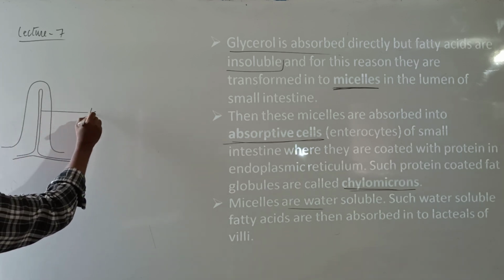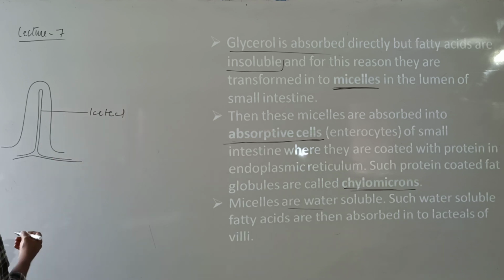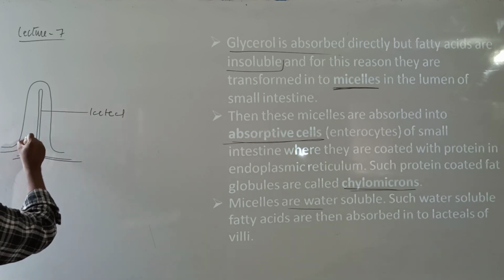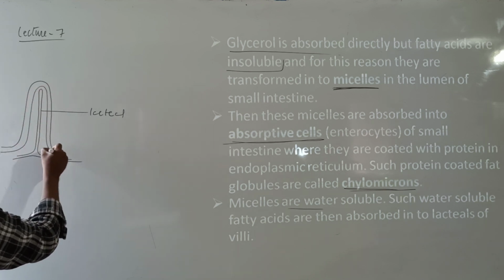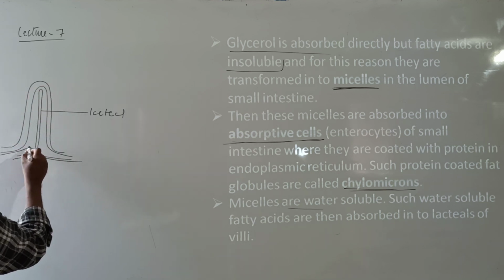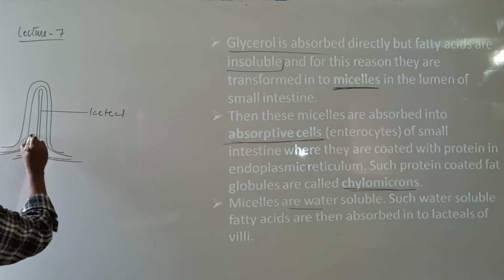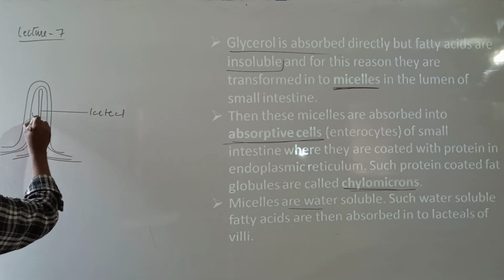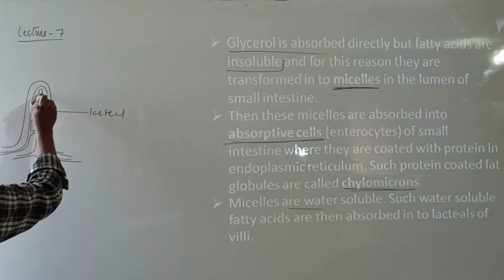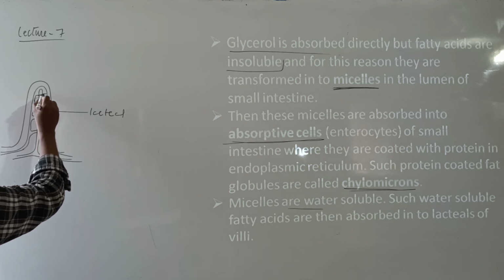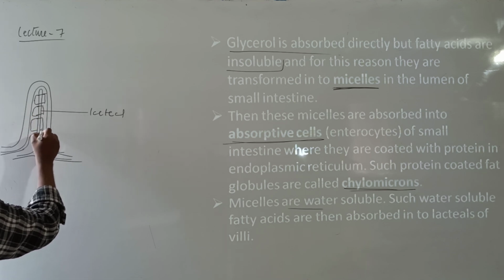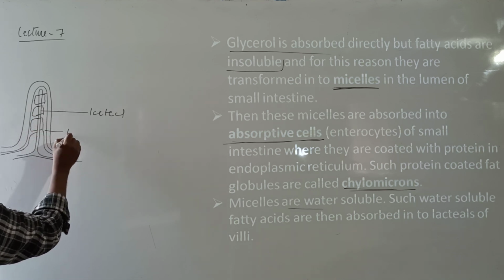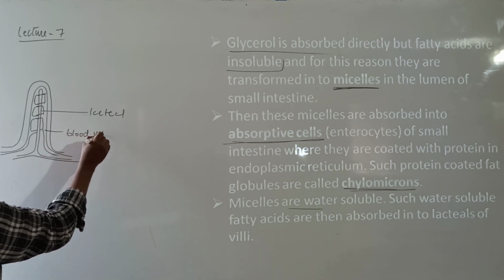So this is a lacteal vessel, and you may have here an artery and also a vein that supplies blood and then drains blood from this. So this is a blood vessel.